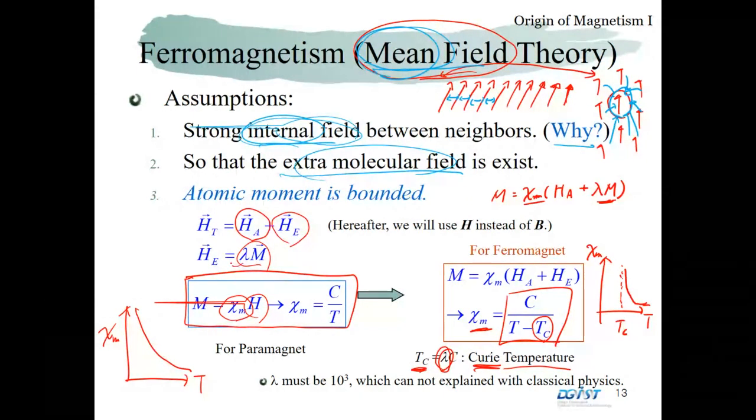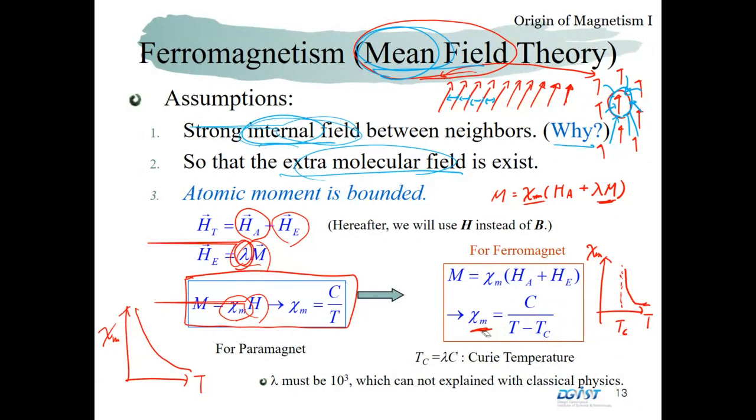Here, lambda means the proportional constant of the molecular field, and C is the Curie constant in paramagnetic materials. So experimentally, you can obtain the Tc by measuring the vanishing of the ferromagnetism in the ferromagnetic material.